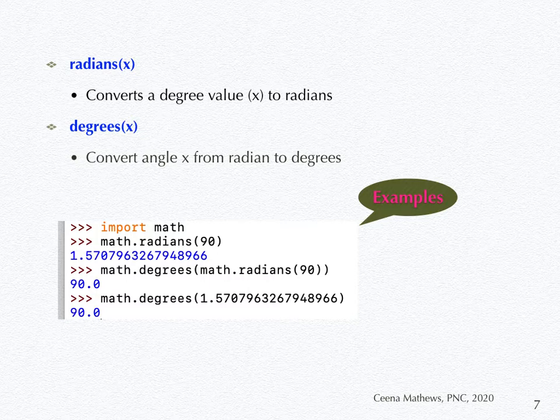Since I am not sure of the radians of 90 degrees, I have used math.radians of 90, which will first convert 90 degrees to radians, and then that radians value will be converted back to degrees using the degrees function. If you are sure of the radians value, then you can use the second method, that is math.degrees of the radians of 90 degrees given here, which will display the result as 90.